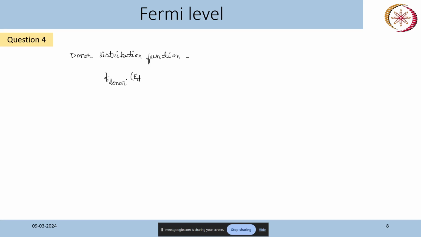so here the energy level is ED, and this is given as 1 plus 1 by GD exponential ED minus EF by KT. Again, GD is given as 1, and what will be F of ED?